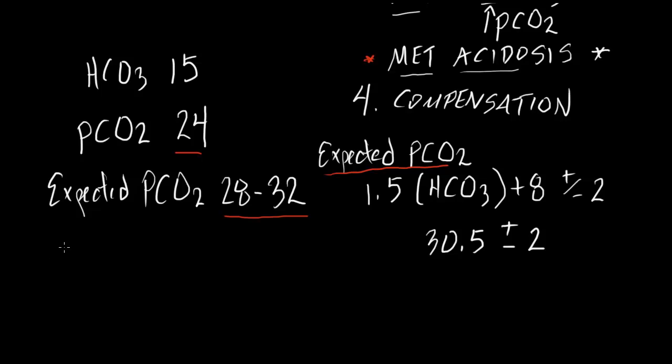And so our measured PCO2 is less than expected. So you ask yourself, what is a situation where the PCO2 is less than expected? PCO2 less than expected will be in a situation where you have a respiratory alkalosis.